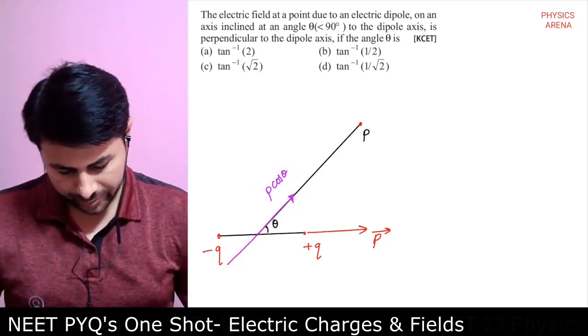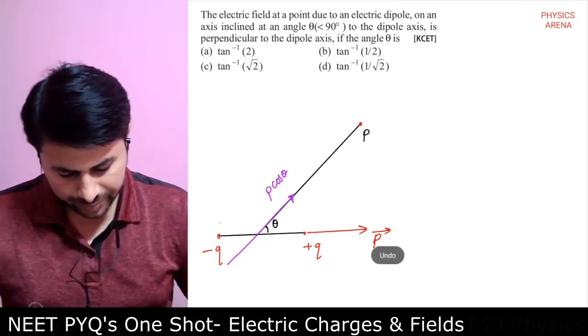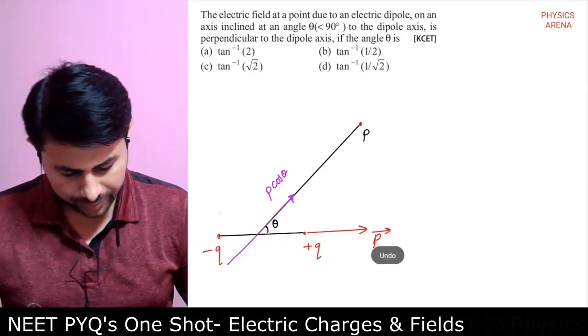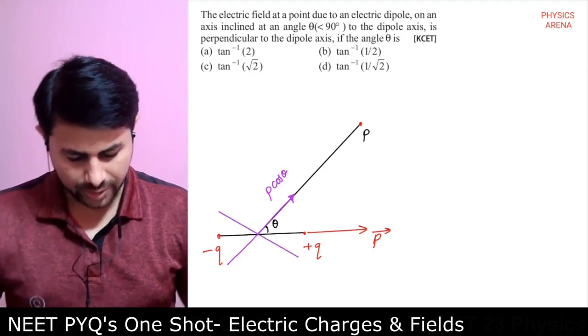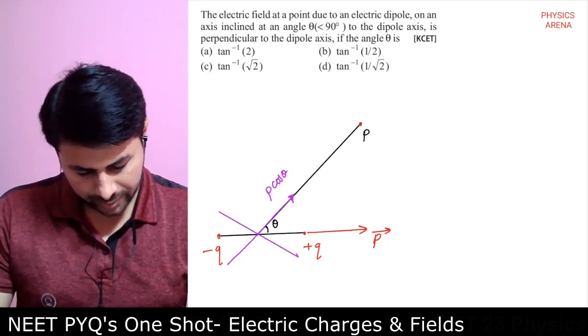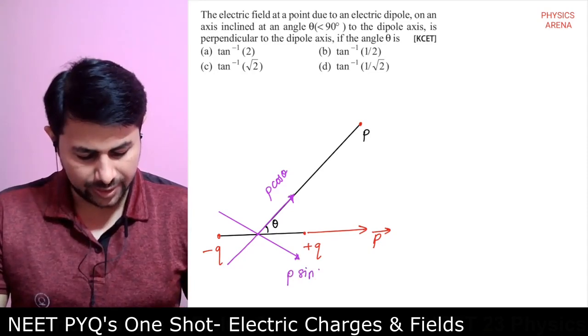and then the other component we have is directed like this. Okay, so this one would be P sine theta.